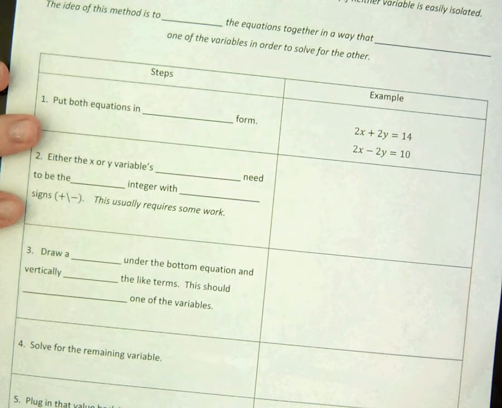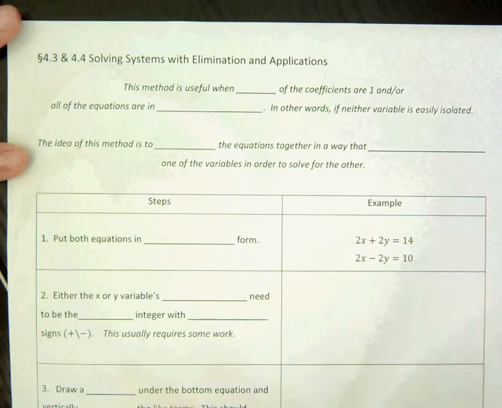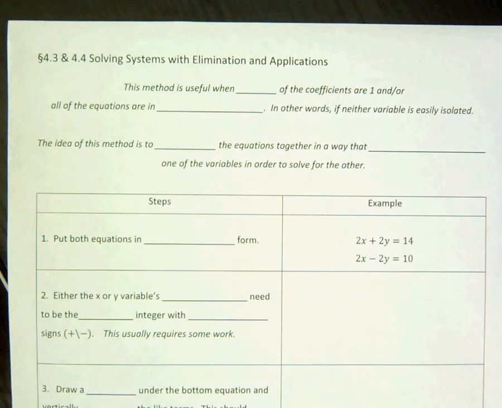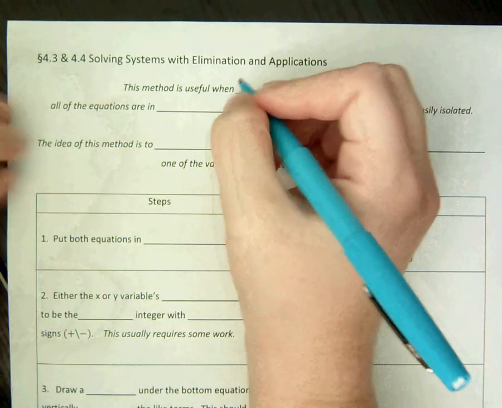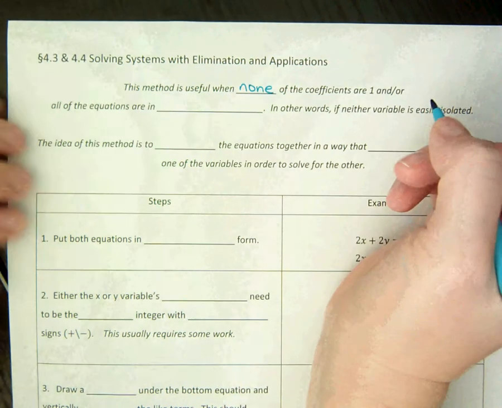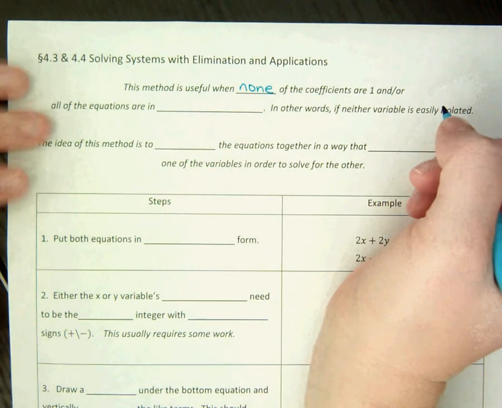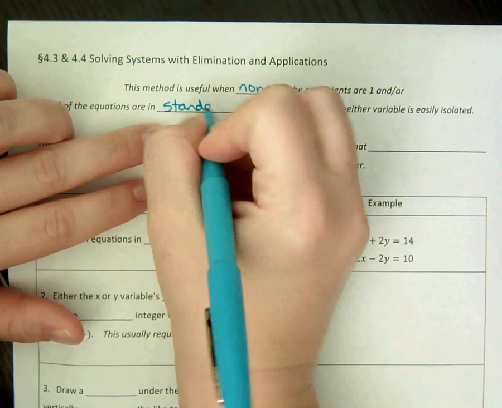So now we're on page 9 of our notes. This is section 4.3, and then we'll get into some applications in section 4.4. Solving systems with elimination and some applications. So this method is useful when none of the coefficients are 1 and/or all of the equations are in standard form.